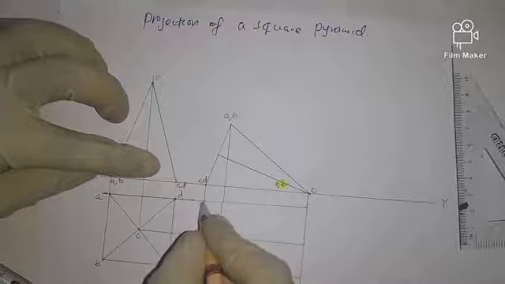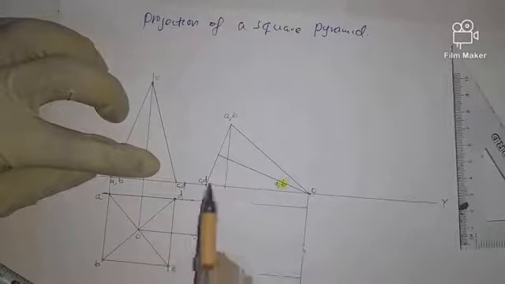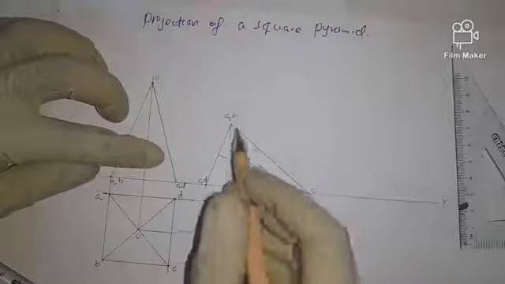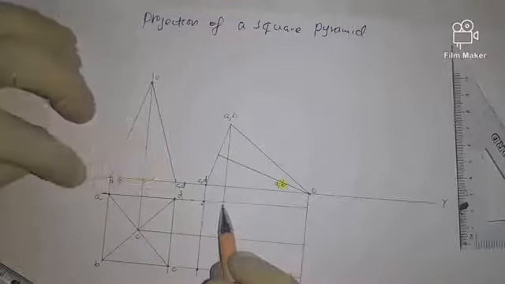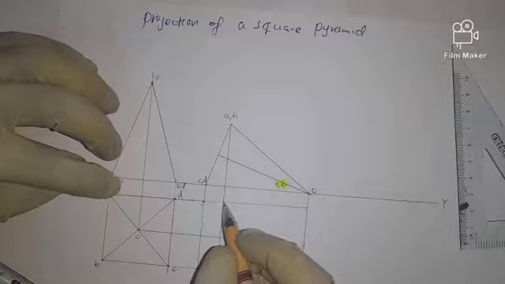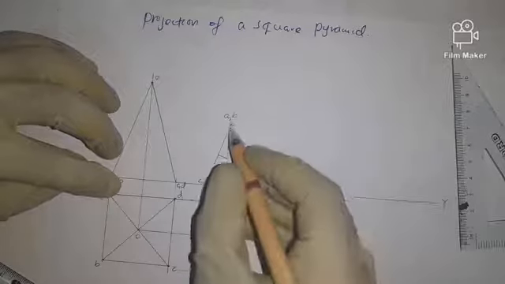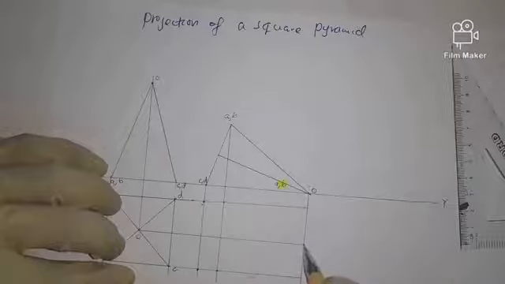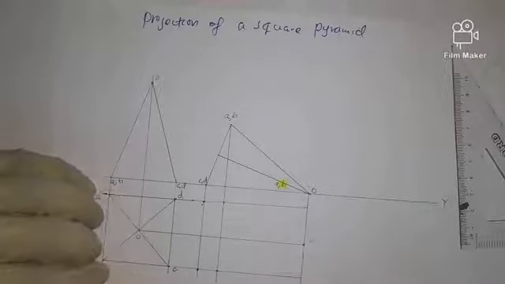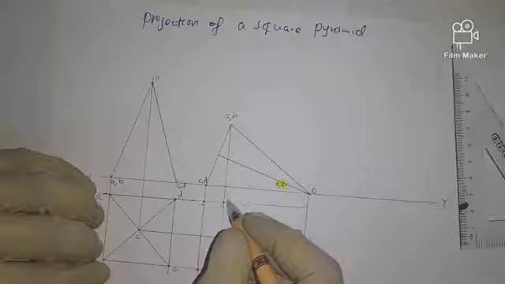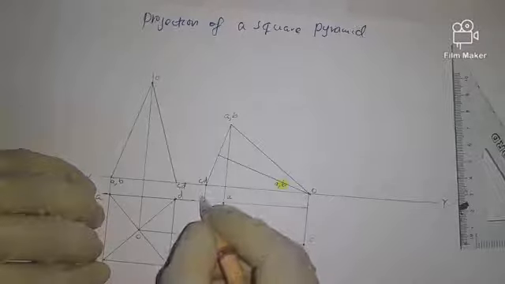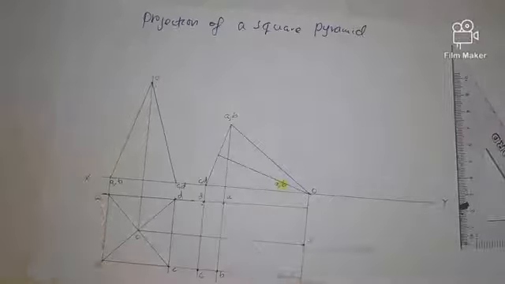So we put a dot, then C and C, then A and A, and B and B, and then this is our O. So saying this one is A, B, C, D. Then we can join.